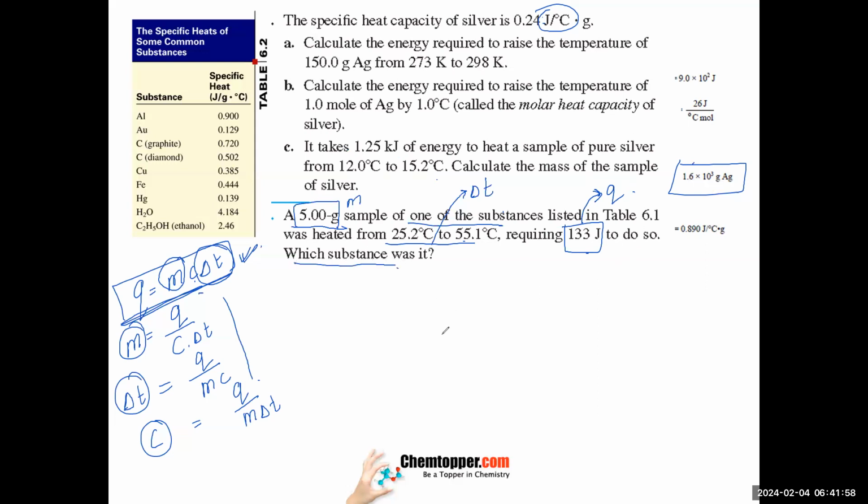That means I want to know the specific heat capacity because the table is here. If I know the specific heat capacity, I know the element. So what is the aim? The aim is to calculate C. So I'll use this equation Q equals MC delta T. I will isolate this C and it becomes Q over M delta T. You just plug in the values and calculate C, right?